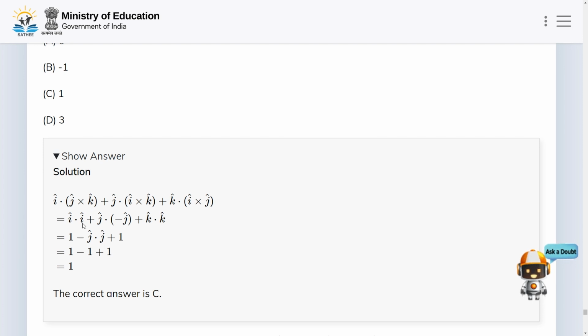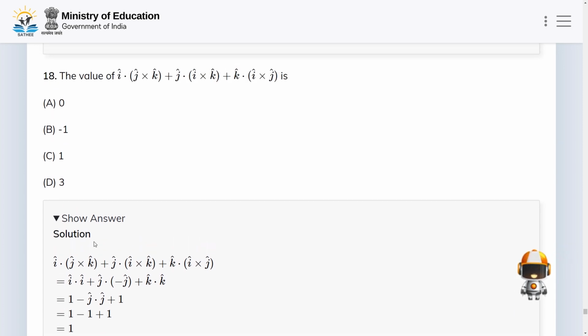This means I dot I will be 1, J dot minus J can be rewritten as minus J dot J, and K dot K will be 1. As you can see, 1 minus 1 plus 1 is just 1. So your value will be 1, and C will be your correct option.